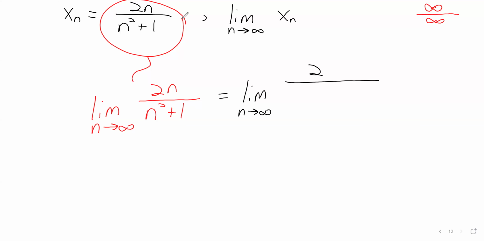The derivative of n squared plus 1 is 2n. Now this is bad notation, but we can live with that. As n goes to infinity, the bottom is going to infinity. And a finite number over infinity is 0.